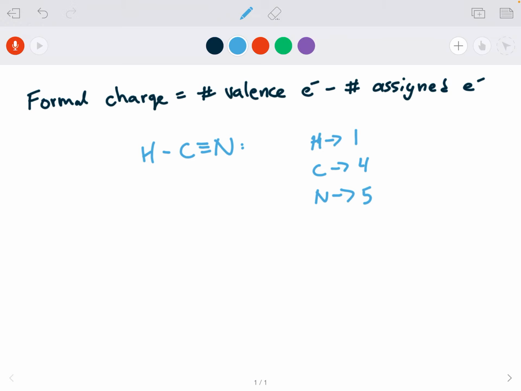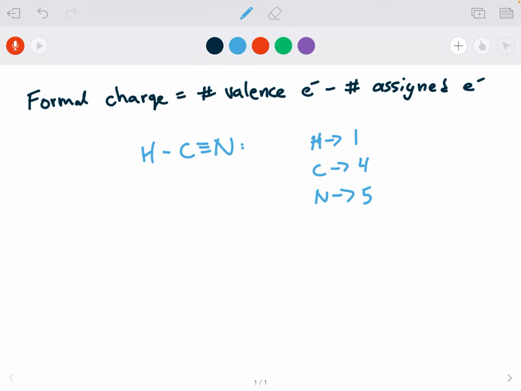Now when assigning electrons, there's two ways to think of it. One is that all the lone pairs that an atom has, those electrons are assigned to it. And then bonds, you count as 1 electron each.